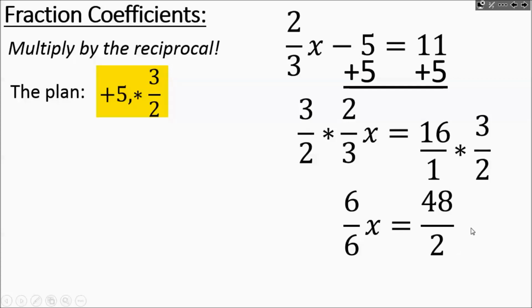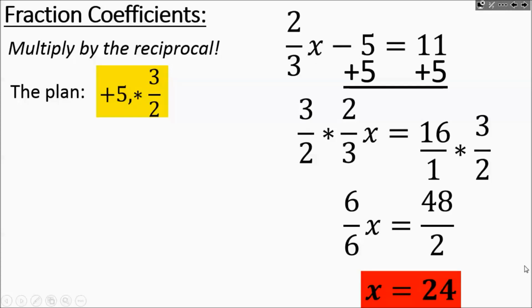There are things you can do with cross-canceling that come in handy here, but I'm just showing it this way right now. 6 over 6 works out to 1, so that's 1x, and 48 over 2 is 24. So your mystery x was 24 in this case.